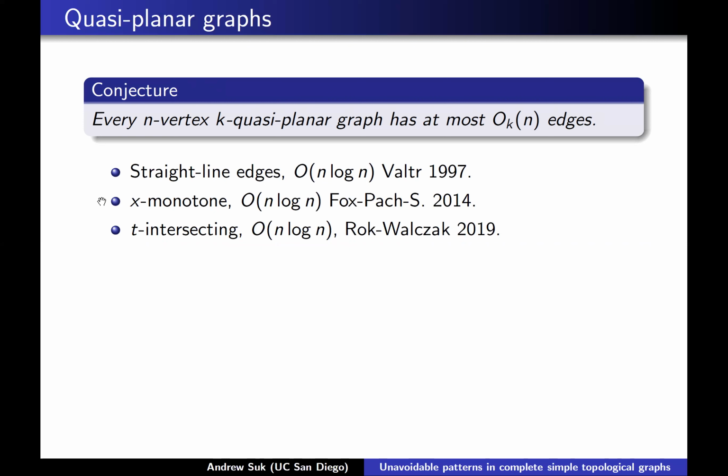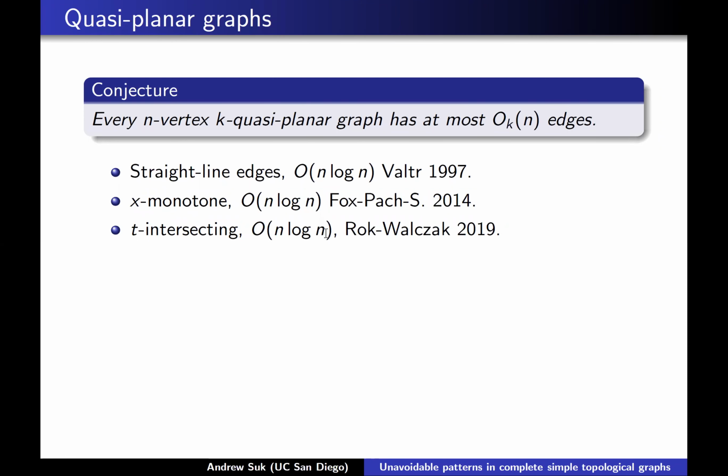This was later generalized to x-monotone curves by Fox, Pach, and myself. And kind of generalizing it in a different direction, Rok and Walczak showed that if you have this condition that any two edges intersect at most t times, where t is a fixed constant, then the number of edges is going to be at most, again, n log n.